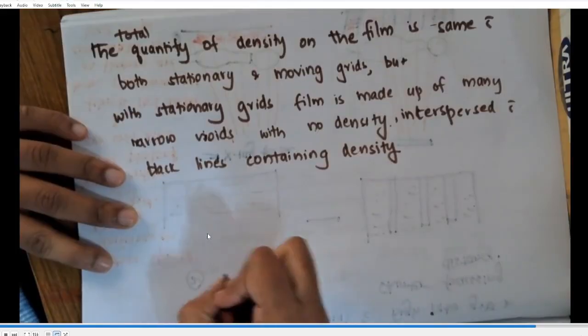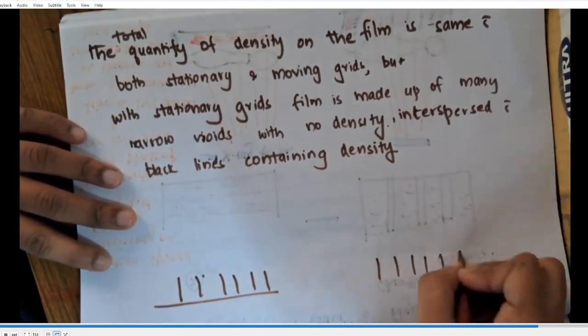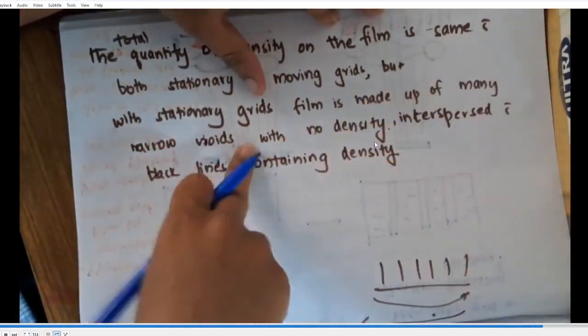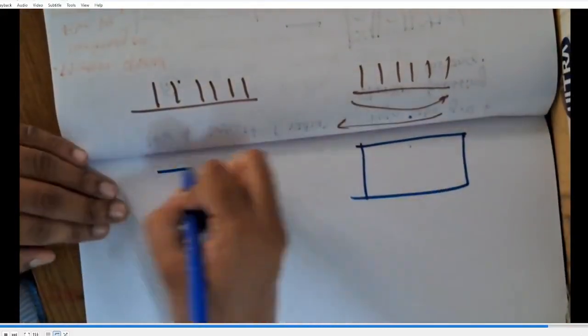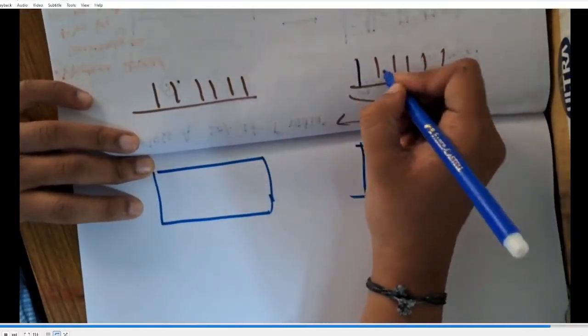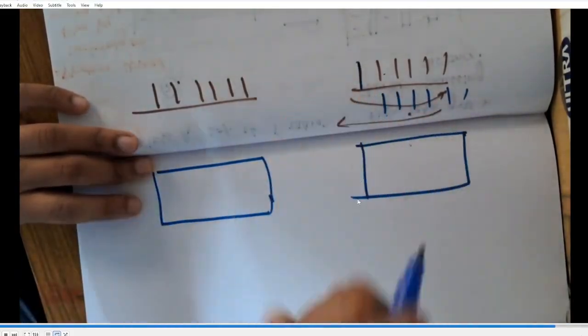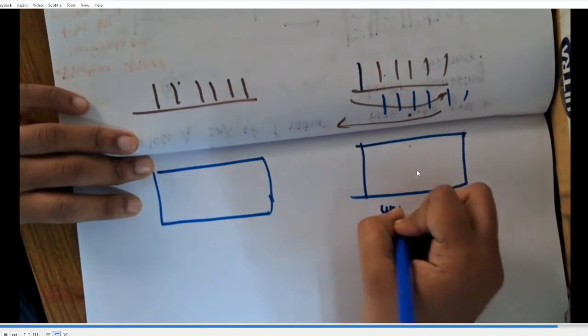So here the quantity of density is the same, but in stationary grids there are some spaces or shadow lines seen between the image. So these grid lines are seen clearly in the image with stationary grids.